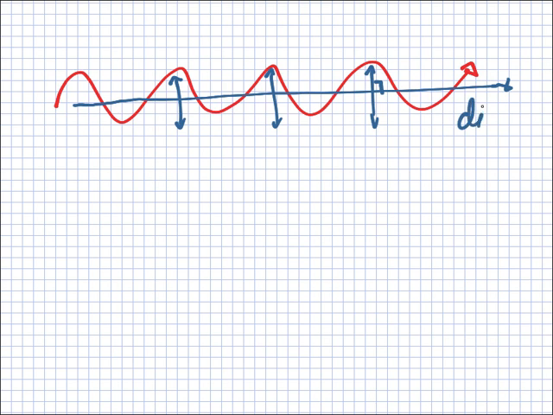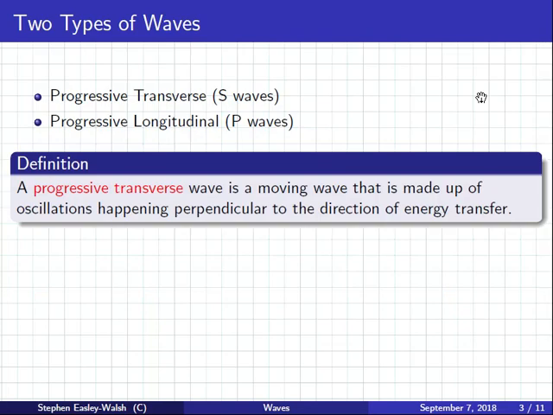So this is the direction of the wave, or the direction of the energy, and these are the oscillations, and they're happening perpendicular. Basically, there's an up and down movement as the wave moves from left to right. That's not the only way to describe this, but I think that was the simplest definition I could think of.